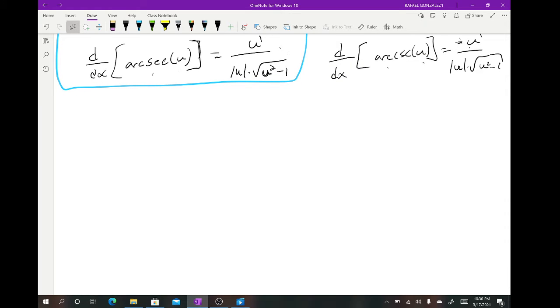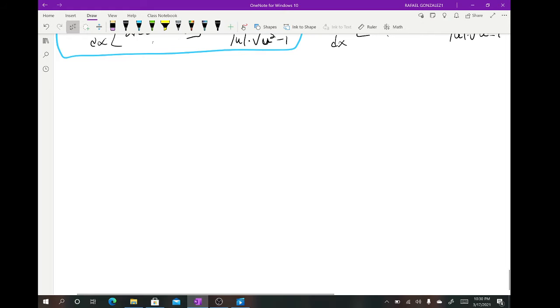All right, so I will show you probably the proof for arc sine. All of these trigonometric functions are proved using a triangle like this one, where you open an angle theta. This is all in the unit circle. So imagine that you're in the unit circle.